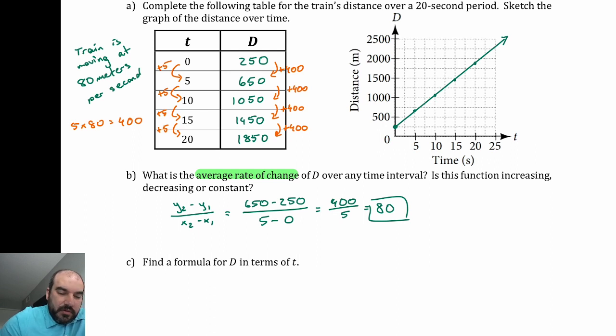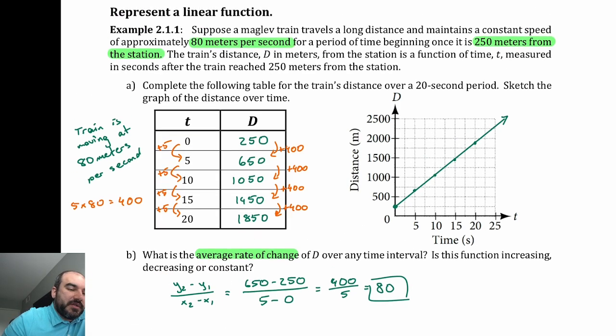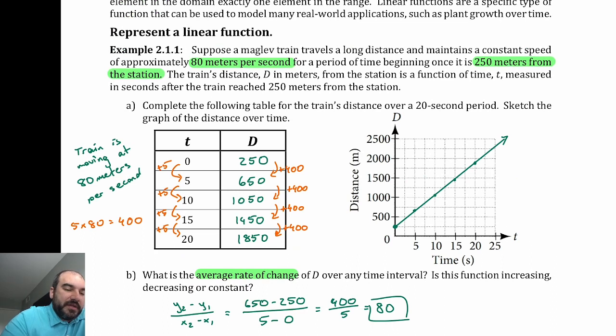What do we think about increasing, decreasing, constant? What is this graph doing, or what are these numbers doing over time? Are they increasing, decreasing, or constant? Increasing, good. So constant's a bit confusing here, right? Because we said that the train was maintaining a constant speed.